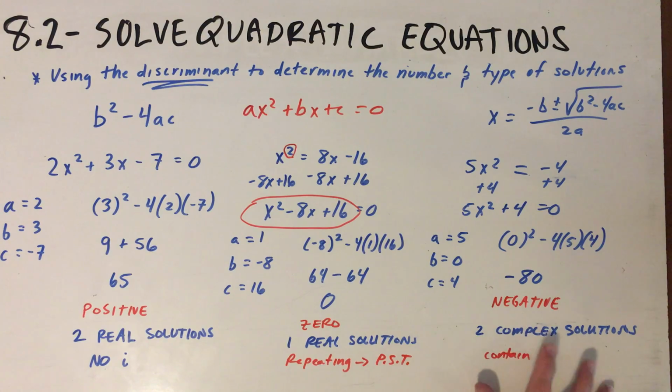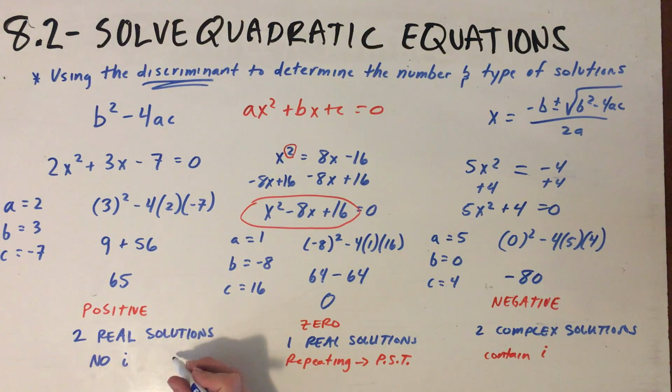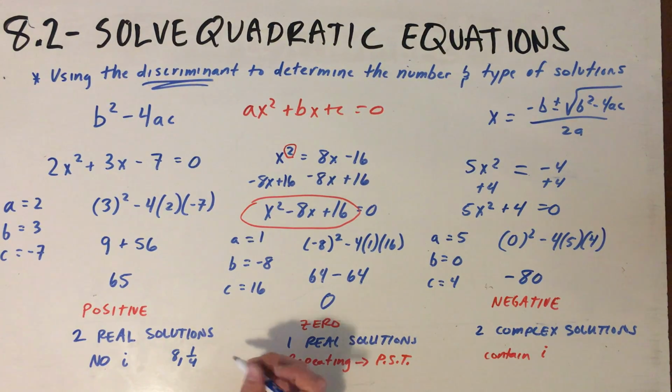So that's the difference between complex and real. Real solutions can be whole numbers, like I said, you could have 8 and 1/4, or you could have 2 plus or minus the square root of 5. This is real. Real radicals are included in the real numbers. And complex numbers will contain i. So that is how to use the discriminant to determine the number and type of solutions that you'll get.